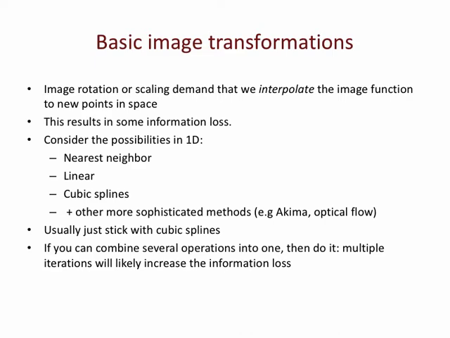Okay, so you're going to create some data in between the points you have. Let's say that you rotate an image, and we're going to do this exercise, and then rotate it back. In that process, you're not going to get the same image back. You're going to lose some information. Okay? So you have to be careful with these things because it's extremely easy to lose data as you go through.